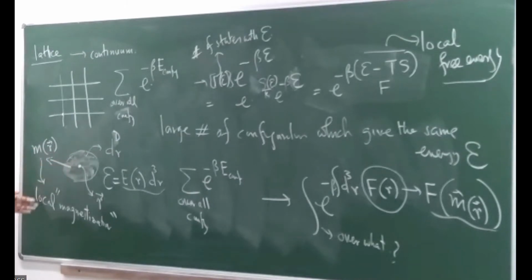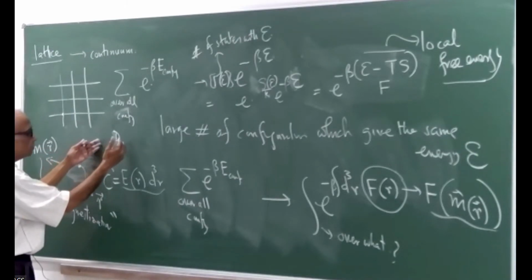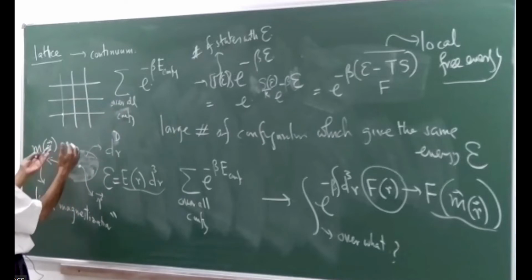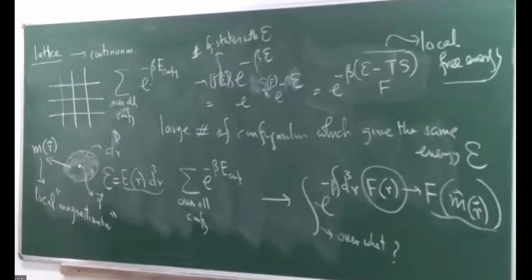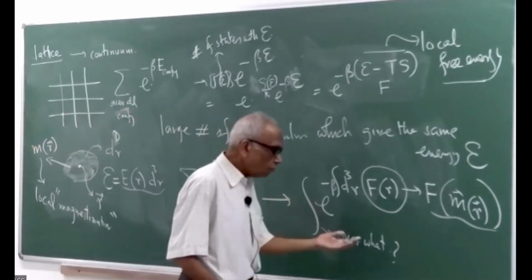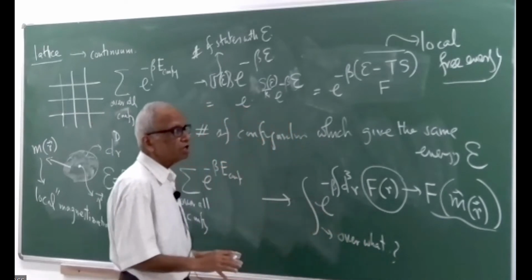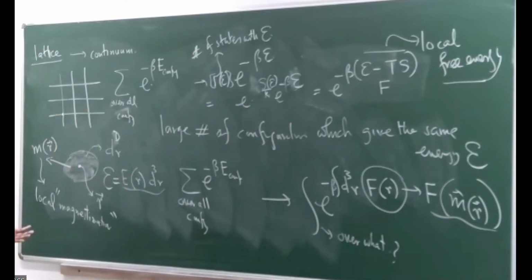It's a local quantity, and at every point in space, this m of r can go from large negative values to large positive values. Similarly, if I look at a neighboring point, the same thing is going to happen there. And the over what is over all m of r. That is what this integration is all about.